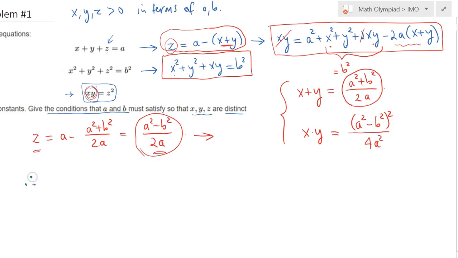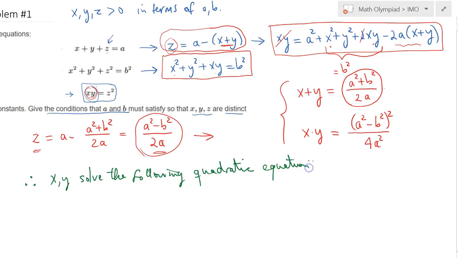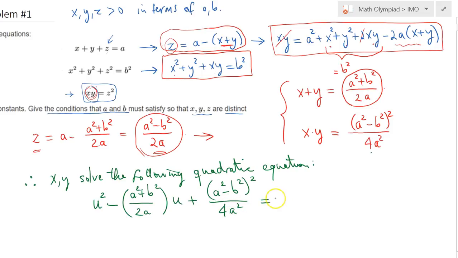So therefore, x and y solve the following quadratic equation, which is really u squared minus the sum (a squared plus b squared) all divided by 2a, times u, and then the product, plus (a squared minus b squared) squared over 4a squared, is equal to 0.